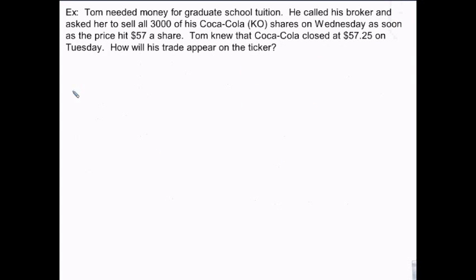Ticker. We've got this guy, and he wants to sell all 3,000 of his Coca-Cola shares as soon as the price hits $57 a share. And he knew that it closed at $57.25 before, so how will it appear on the ticker? Well, Coca-Cola is KO. And he wants to sell 3,000 shares, so you're going to get 3K at $57.